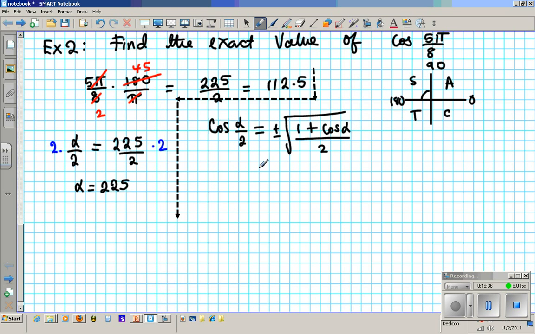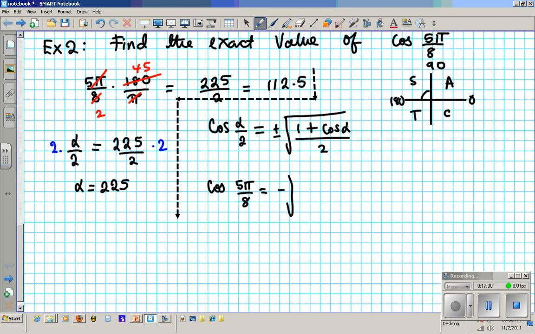So cosine is going to be negative here. So the problem, cosine 5 pi over 8. Remember, 5 pi over 8 is the same thing as 112.5 or 225 over 2. So that's going to be negative because we're in quadrant 2 and only sine and cosecant are positive here.